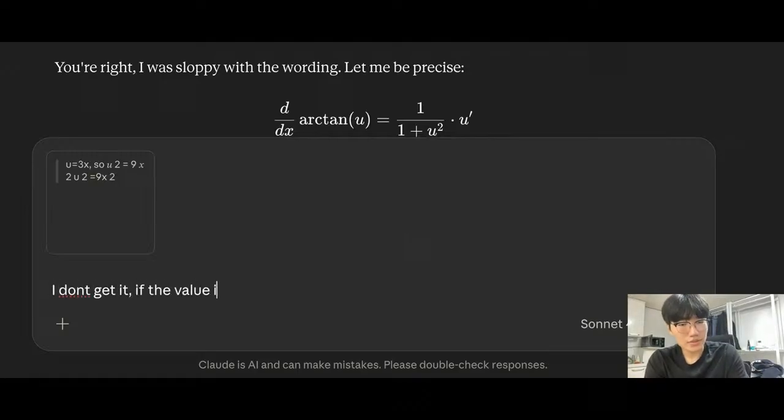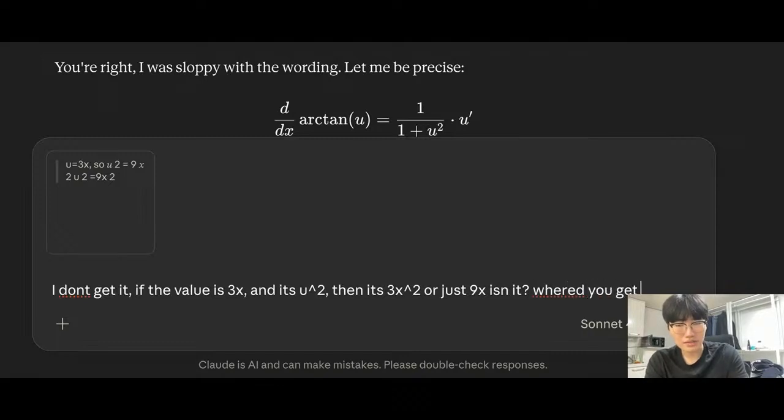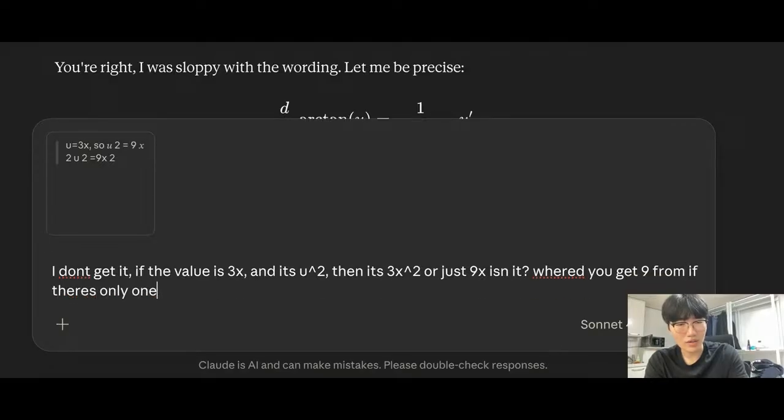If the value is 3x, then it's 3x squared, or just 9x. Where did you get 9 from if there's only one power of 2 and you still leave it there?